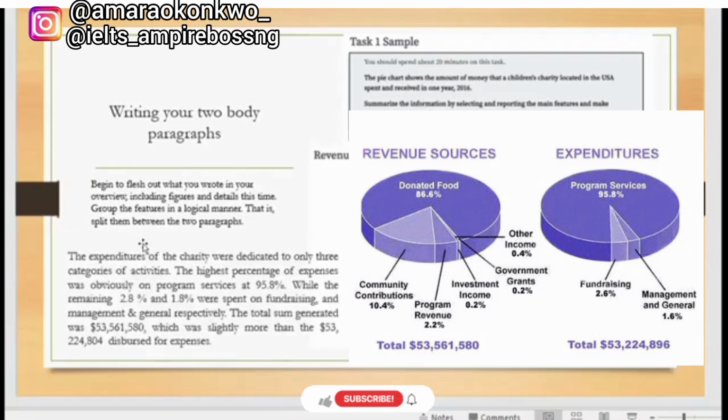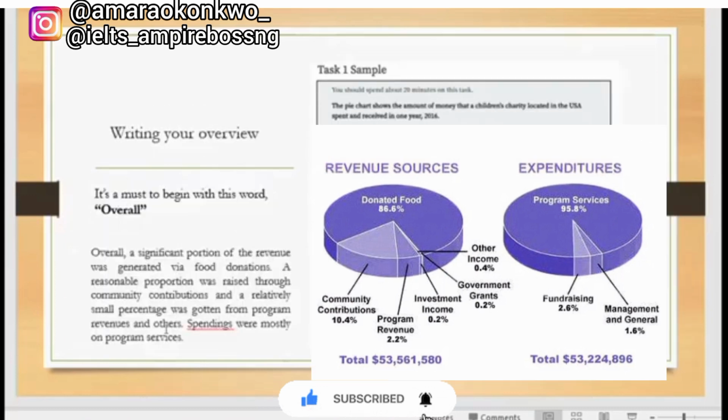For the second body paragraph, now that simple sentence we wrote at the end of the overview, you can see how we've now expanded it here. All we said in the overview for the second pie chart was just spendings were mostly on program services. And now we're able to flesh it out here.